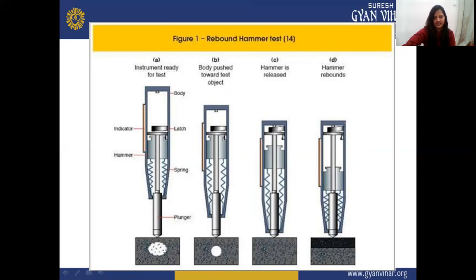As the latch hits the body, the spring shoots, and the hammer or the plunger rebounds back, due to which the indicator shows the amount of rebound that the device has gone through.